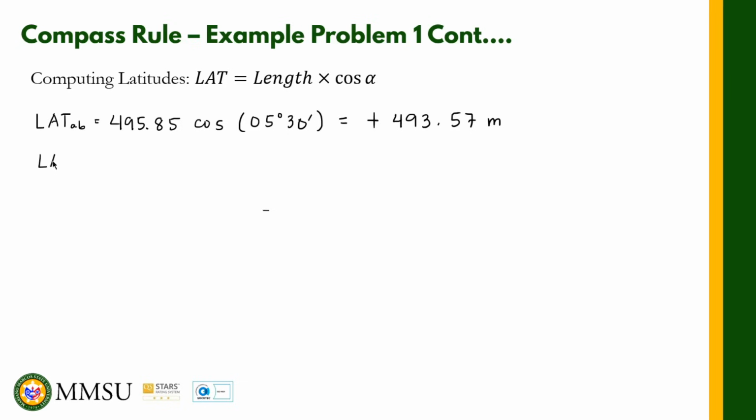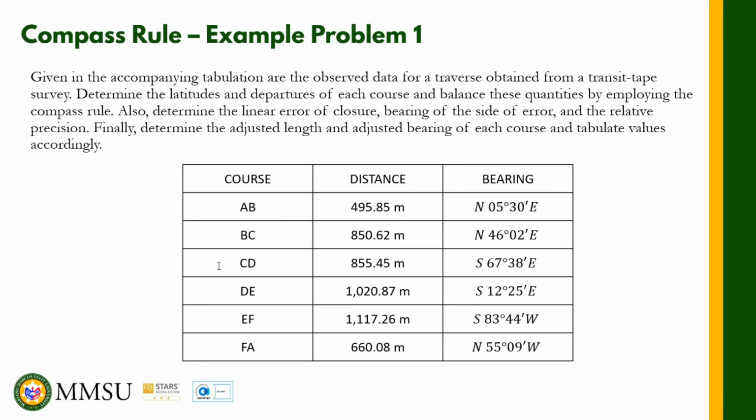Okay, next, for latitude BC, we use the same formula. So this would be equal to 850.62 multiplied by the cosine of 46 degrees 02 minutes. I don't need to write that anymore. Sulat ko na lang yung final na sagot.